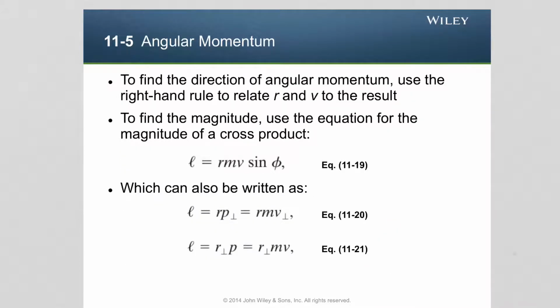So when I'm calculating the magnitude of the angular momentum, I can again look at the product of the magnitude of the position vector and the perpendicular component of the linear momentum of the particle. Or I can also look at the product of the magnitude of the perpendicular component of the position vector and the magnitude of the linear momentum of the particle.